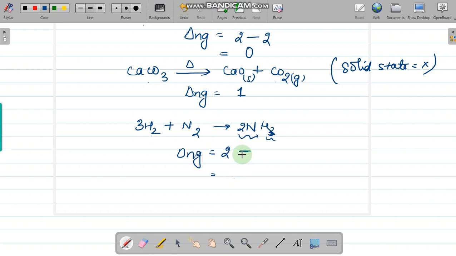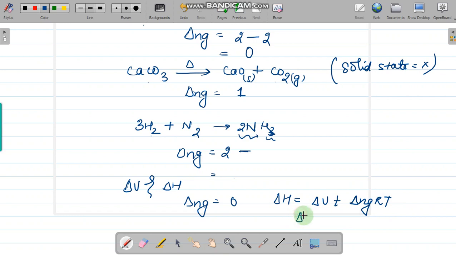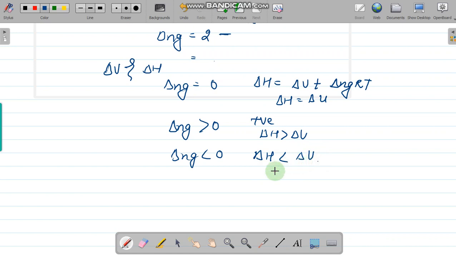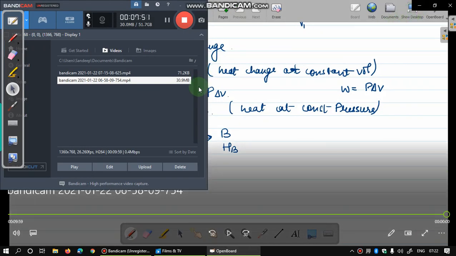Now we say that the number of gaseous moles helps to find the relation between delta U and delta H. If delta Ng is equal to 0, then delta H is equal to delta U plus delta Ng RT, which means delta H is equal to delta U. If delta Ng is greater than 0, the value will be positive, and delta H will be greater than delta U. If delta Ng is lesser than 0, then delta H is smaller than delta U. Okay, this is about the enthalpy.